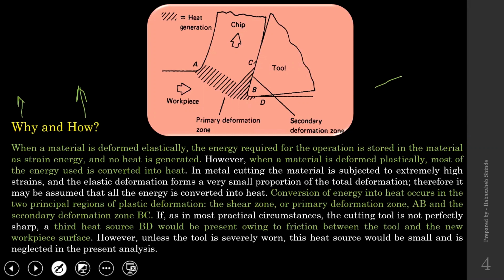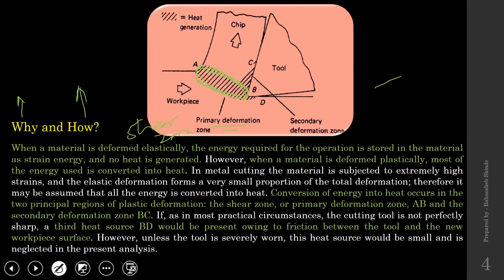So there are certain regions where actual heat generation is there. Those regions are, first one is this AB. This AB zone is called the primary deformation zone, or it is also called the shear zone, because material shearing takes place across this zone.